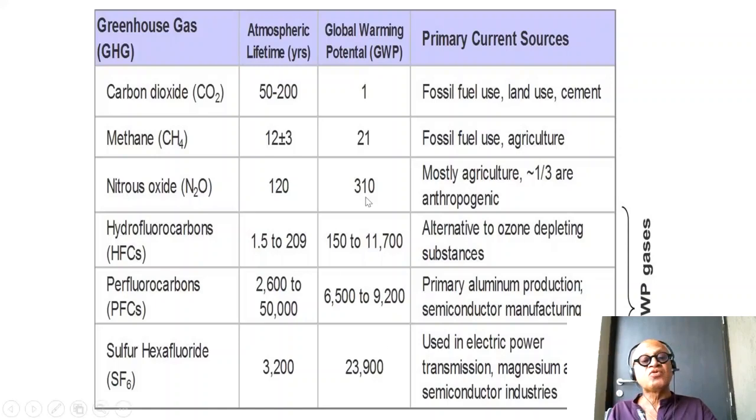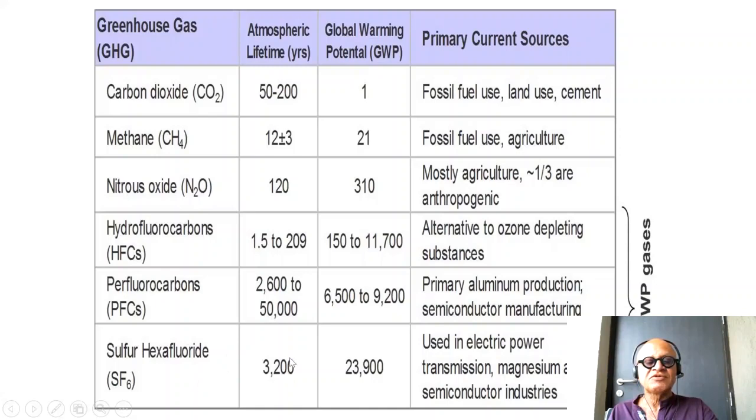This is just running quickly through the greenhouse gas potential and lifetimes. So carbon is somewhere 50 to 100 years, methane 12 years, nitrous oxide 120 years. HFCs depends on which variety it is. Perfluorocarbons up to 50,000 years. It's crazy.